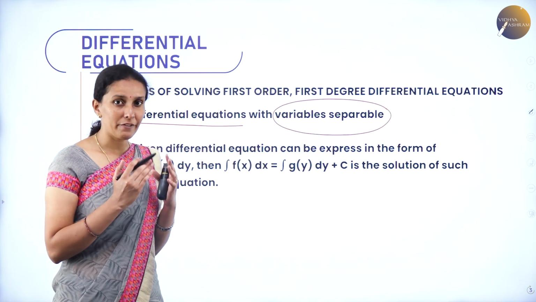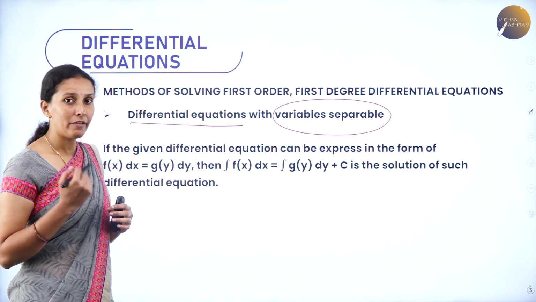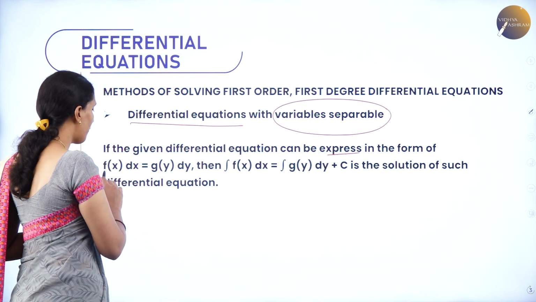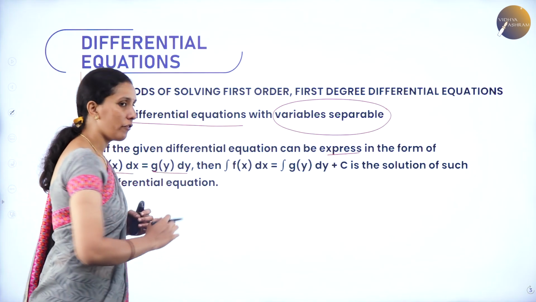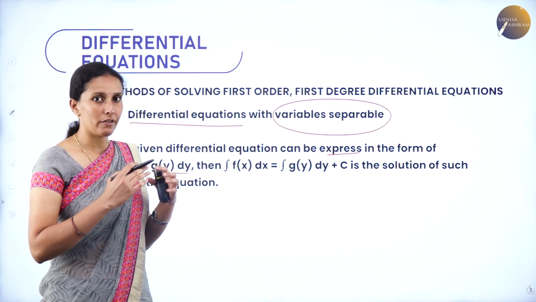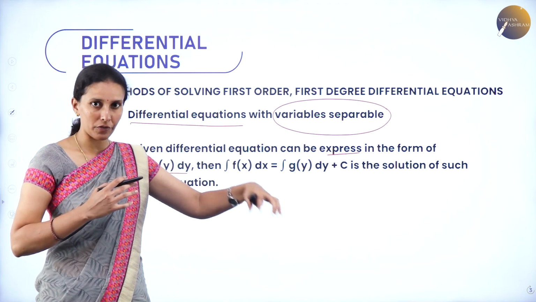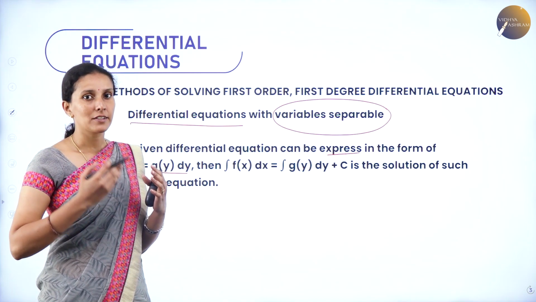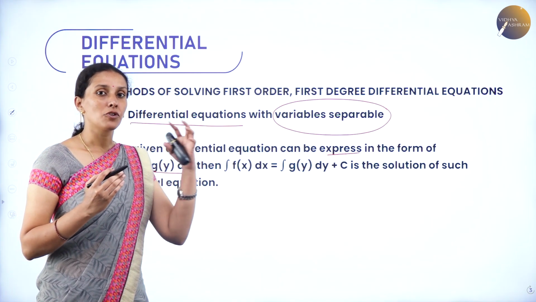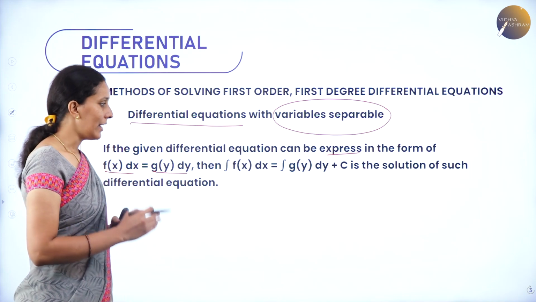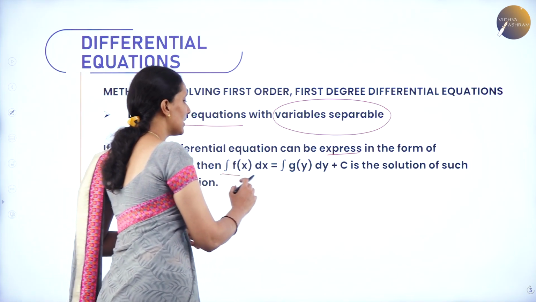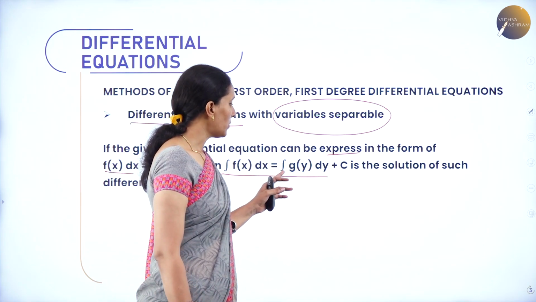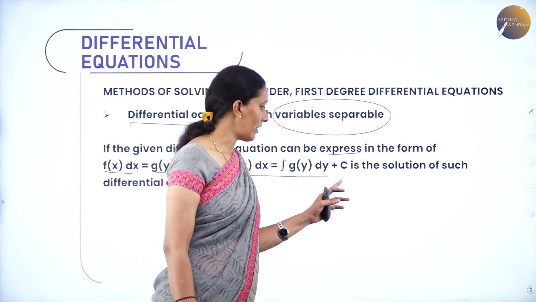Suppose whenever a differential equation is given, whenever you can express this in the form of f of x dx is equal to g of y dy, that is, if you can express all variables of x on one side and all variables of y on the other side, then the solution is the integral of f of x dx is equal to the integral of g of y dy plus c.